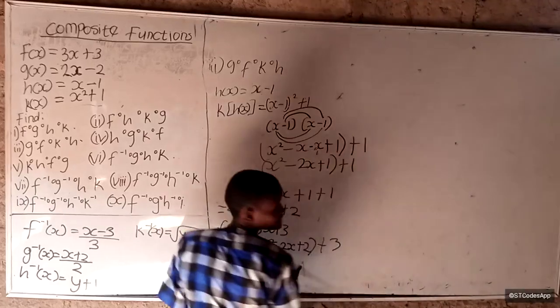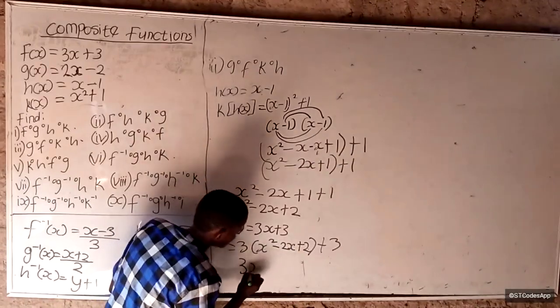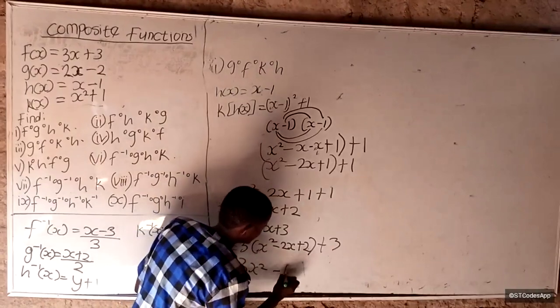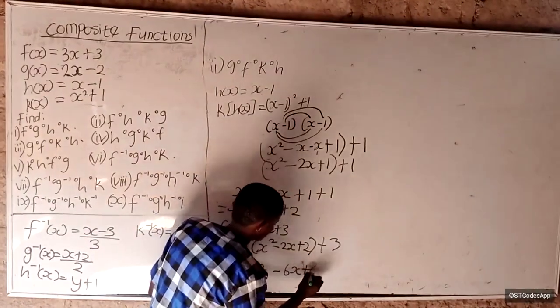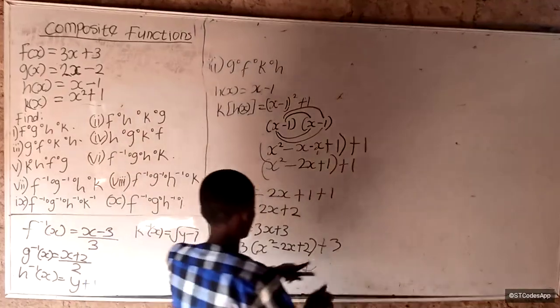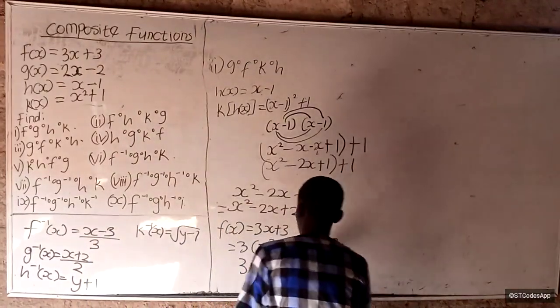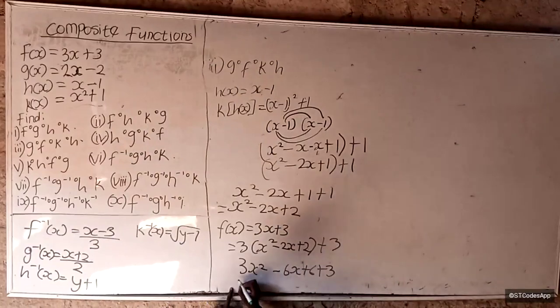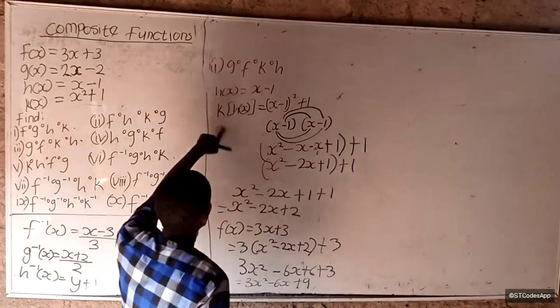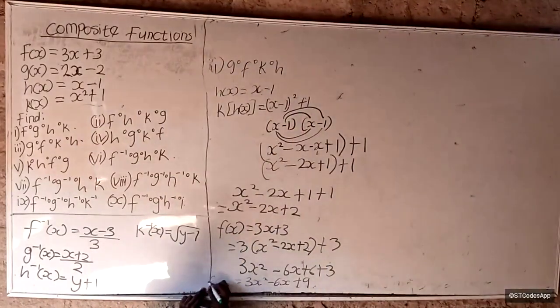So opening the bracket now, we have 3x squared minus 6x plus 6 plus the 3 here, giving us 3x squared minus 6x plus 9. So that's the value for our f of k of h of x.